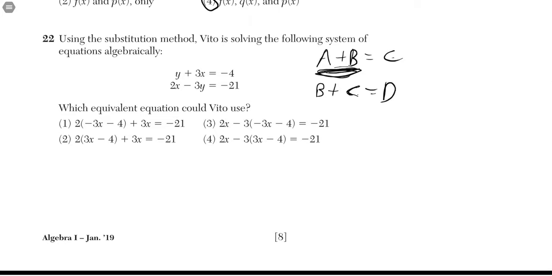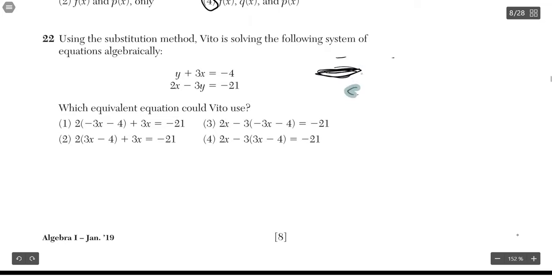Okay, so now applying that here, if I know that Y plus 3X equals negative 4, then I can express y in terms of x by subtracting 3x from each side.